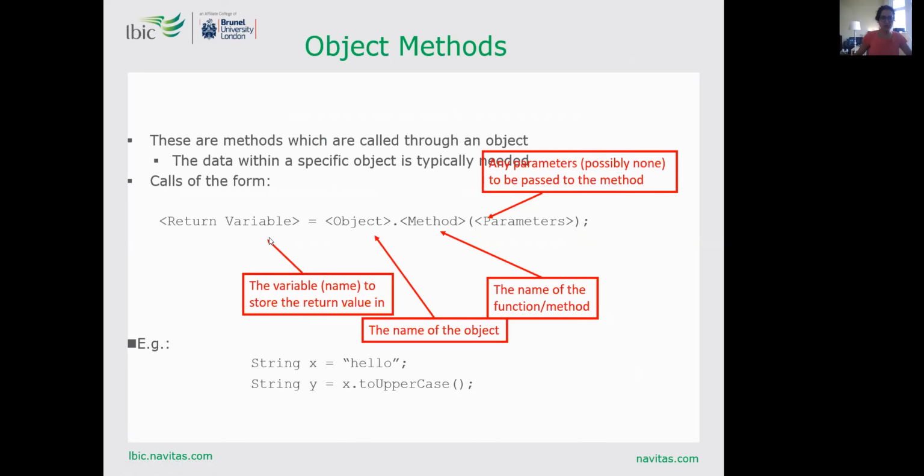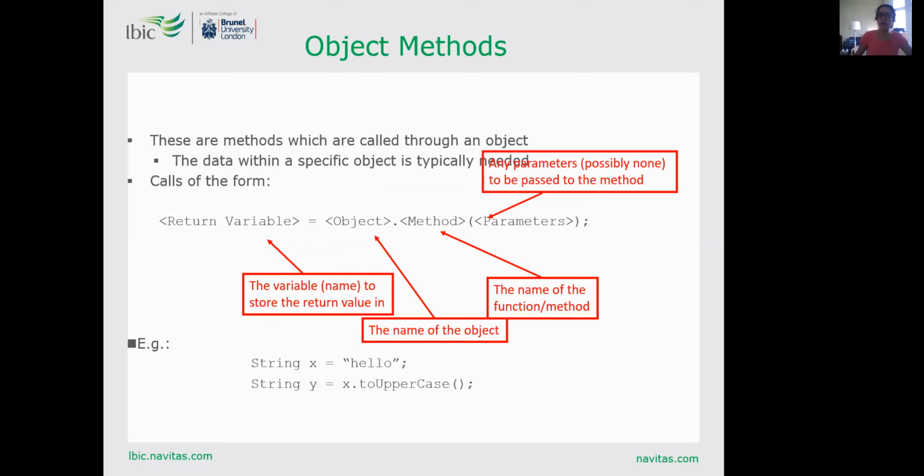Now the object method. Let's take a look at the next example. Here you can see that we are calling a method through an object, which needs this syntax. You return a variable, the variable you are interested in, declared like String x, String y, and then you use an object. This time it is not a class, it is an object.